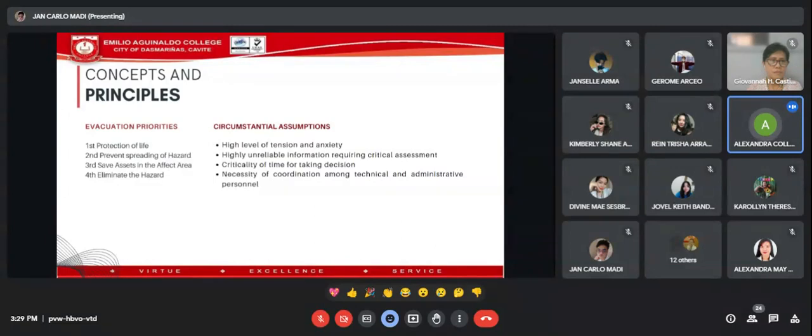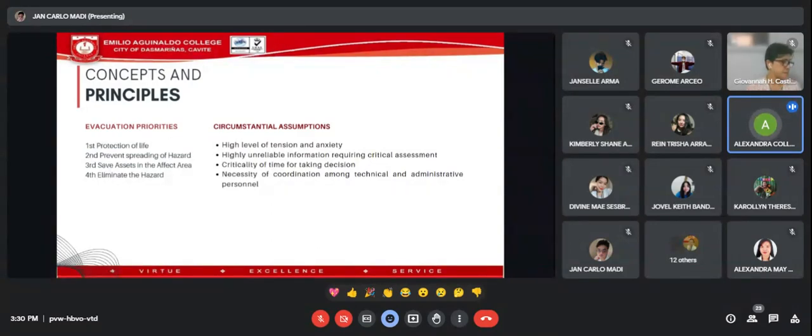So, high level of tensions and anxiety, highly unreliable information requiring critical assessments. So, merong mga time na kailangan yung communication system natin effective kasi pwedeng magkaroon ng mix ng unreliable information na could potentially harm yung pagre-respond nila sa isang disaster.